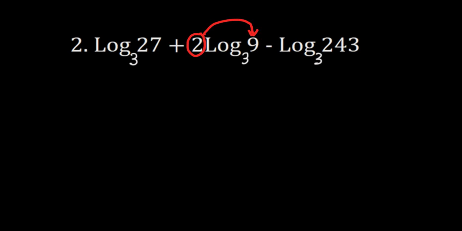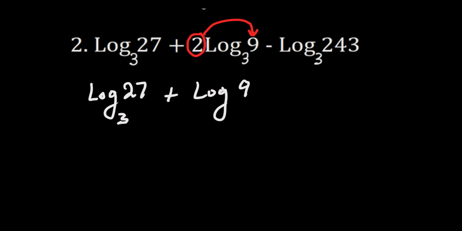So this will become log 27 to base 3 plus log 9 squared to base 3 minus log 243 to base 3.